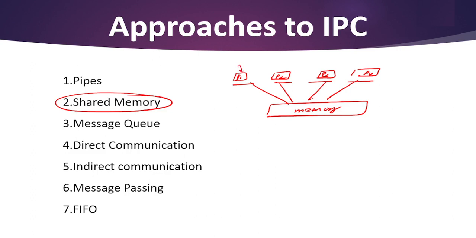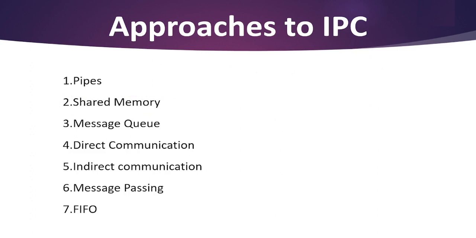Let's say process P1 has some data and it wants to share the data with P4. If they are using shared memory, that means the data of P1 is already there in this memory, and P4 also has access to this memory. Then P4 can access the data stored by P1. That's why shared memories are used in operating systems.